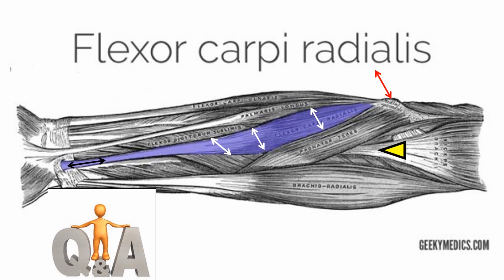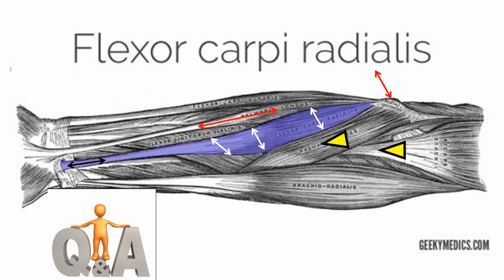This is the medial epicondyle of the humerus, and the key structure is the biceps tendon. Just medial to the biceps tendon, you will find the pronator teres muscle, and flexor carpi radialis is medial to the pronator teres muscle.